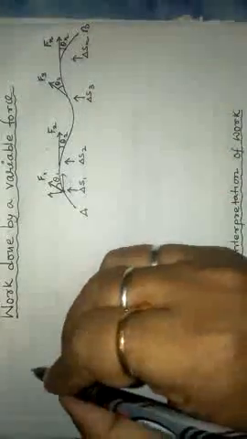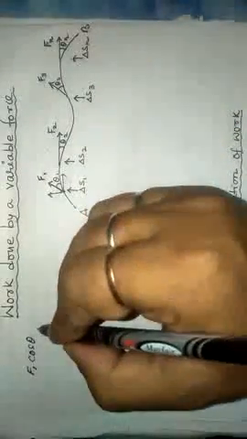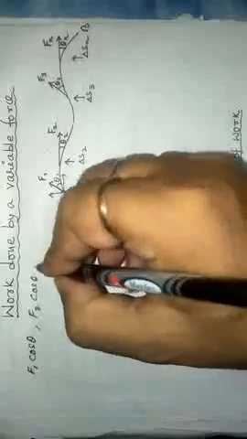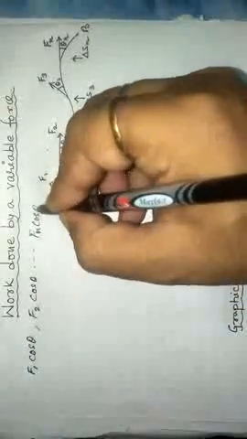For example, at this point the force responsible for motion is F1 cos theta 1. At this point it is F2 cos theta 2, and so on. The last is Fn cos theta n.